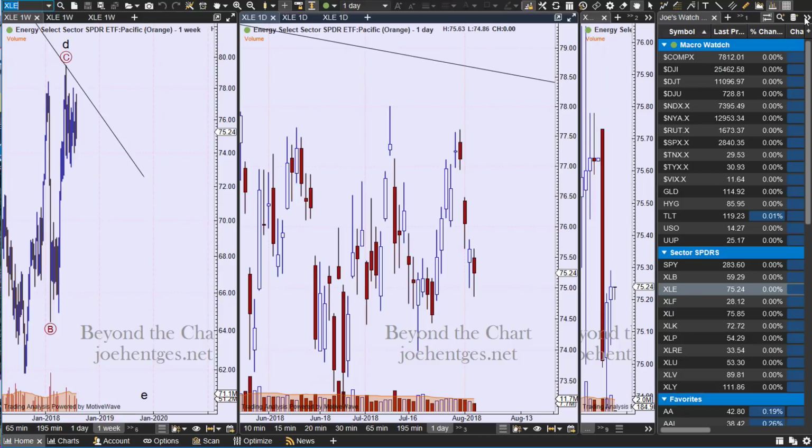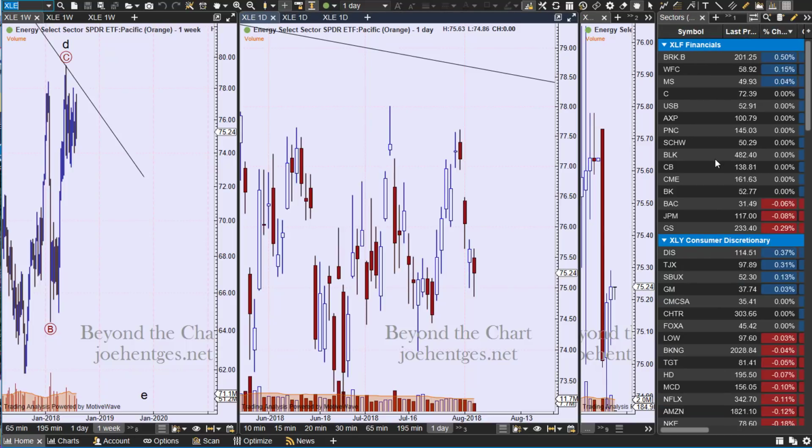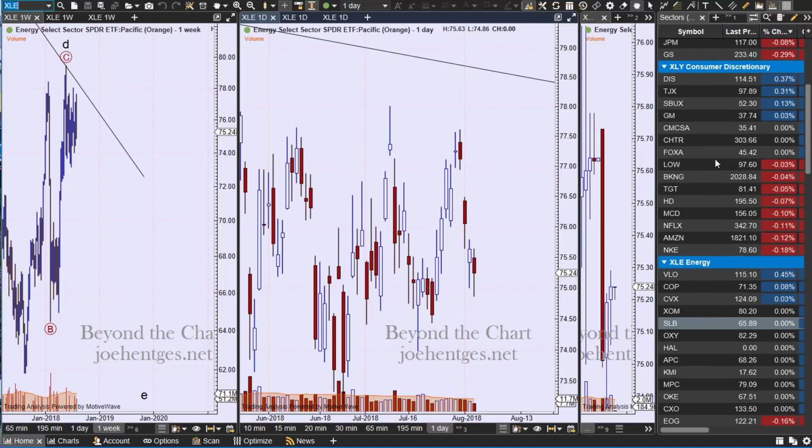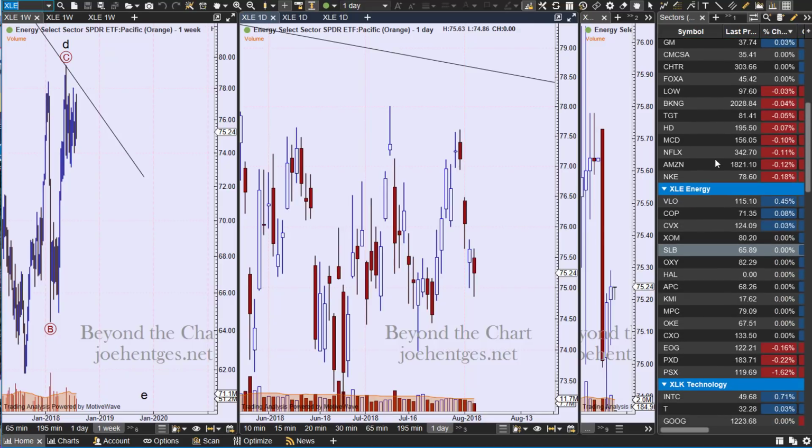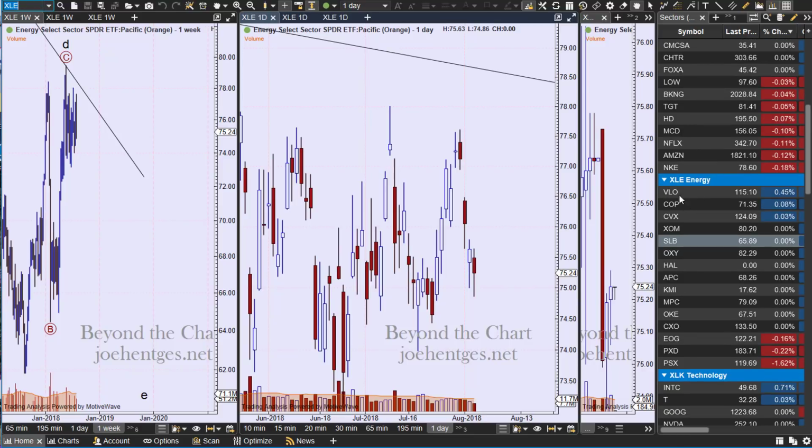All right, so the other thing I want to take a look at is, since we're talking about XLE, what are the stocks within XLE? Because if I'm expecting XLE to sell off, then I'm going to be looking for short opportunities and places to buy puts or go short. Well, here's the top 15 holdings of XLE.